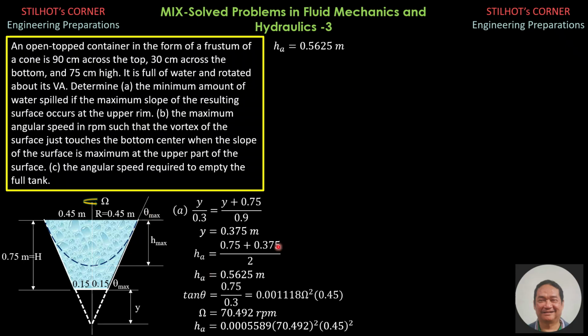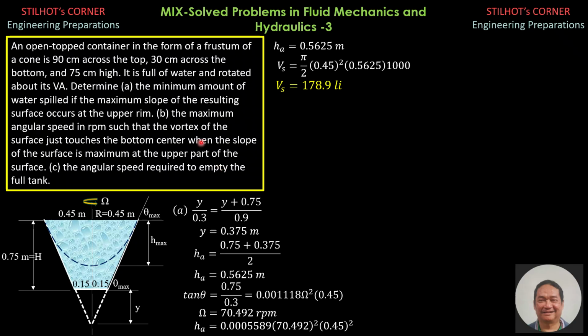Then that's the principle. Substitute volume filled is equal to pi over 2 radius squared times height. So pi over 2 radius 0.45 squared, height 0.5625 times 1000 to express volume filled in liters. So volume filled is 178.9 liters.